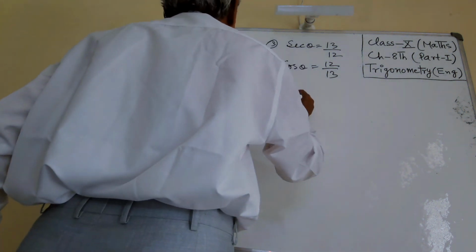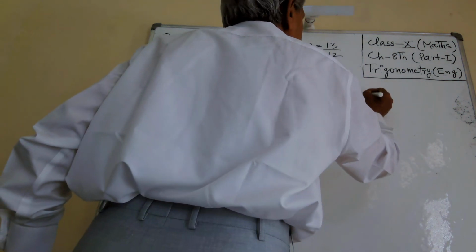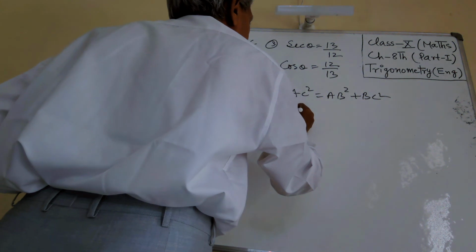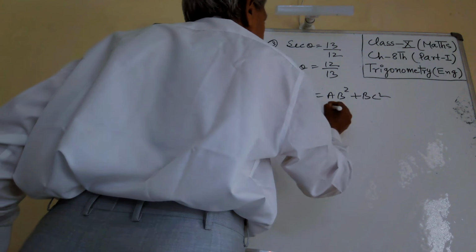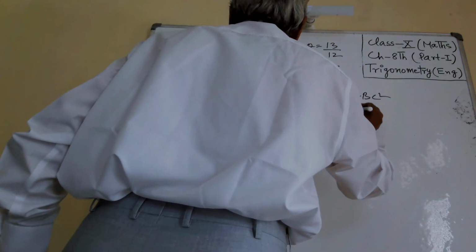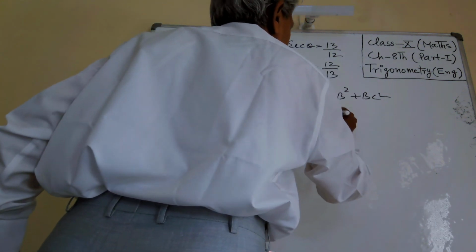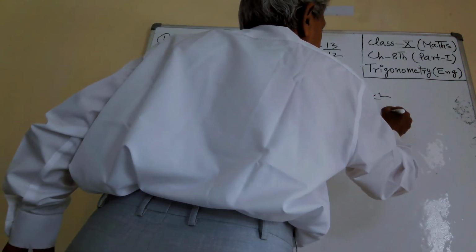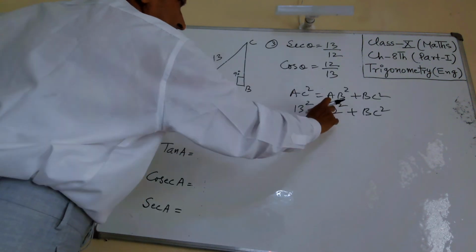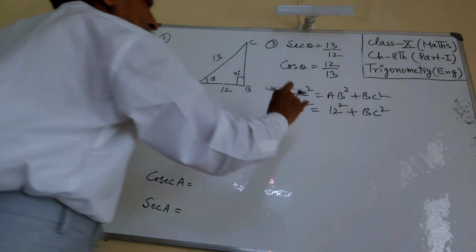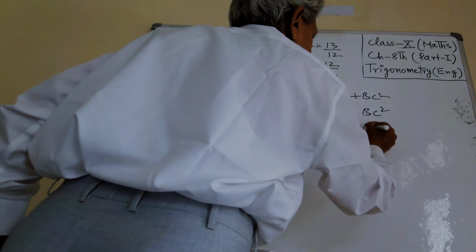Apply Pythagoras theorem. AC square is equal to AB square plus BC square. AC is 13, so 13 square is equal to AB square, and AB is given 12, so 12 square, plus BC square, which we have to find out. So 169 is equal to 144 plus BC square.